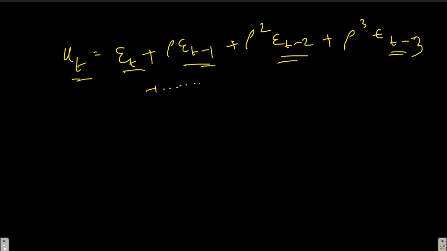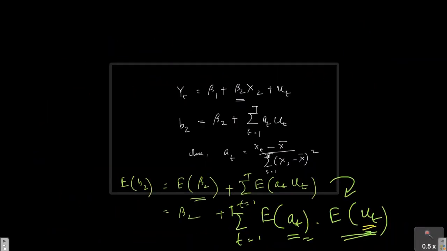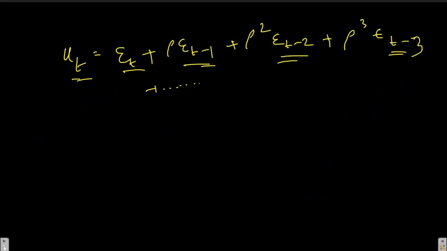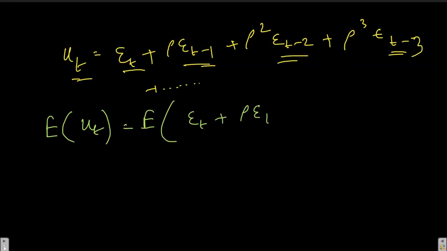Now I come back to the expectation part, which I wrote here, the expectation of u_t. If I want to express the whole equation in terms of the expectation, I get the expectation of u_t is equal to the expectation of the whole thing: e_t plus rho e_{t-1} plus rho square e_{t-2}, and so forth.